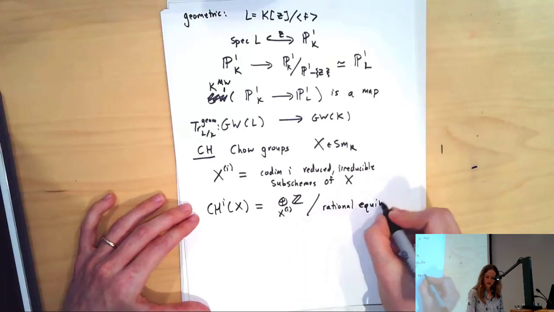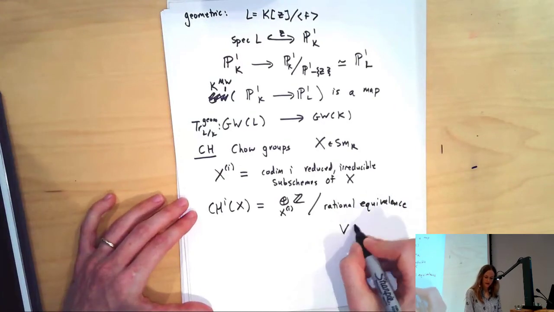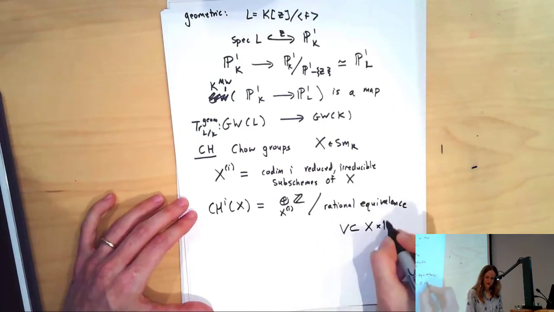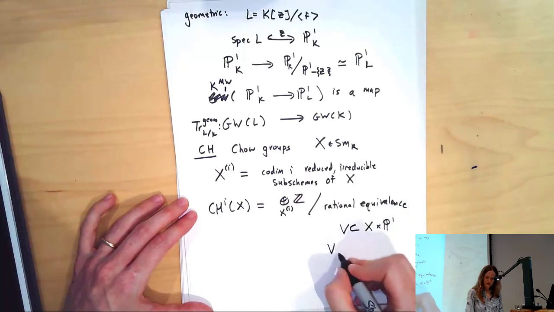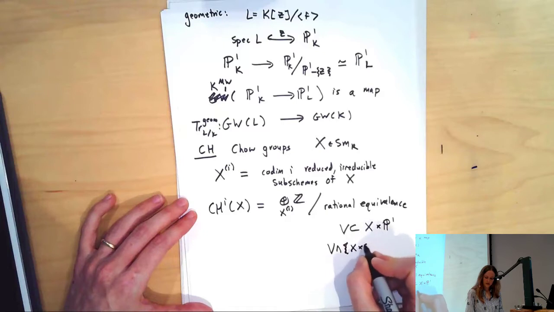And that's the equivalence relation generated by: if you take subvarieties of X cross P1, we say that the fiber over 1 is equivalent to the fiber over 0.